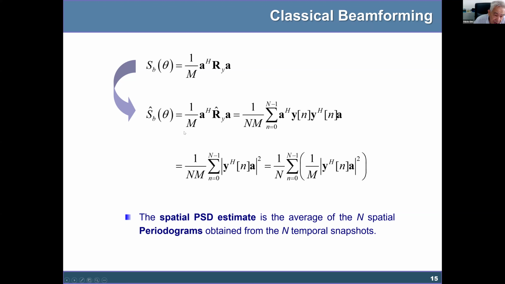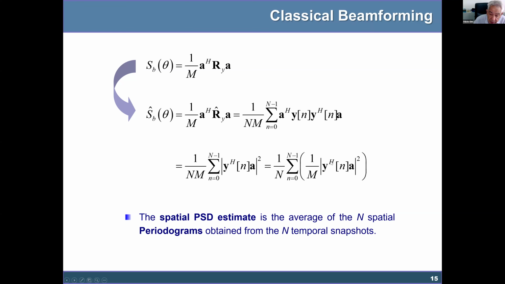So you can express the spatial PSD estimate by using the classical beamformer either in this term as a function of the sample covariance matrix estimate, or if you make explicit the sample covariance matrix estimate and you manipulate a bit the expression, you come up with this expression here.